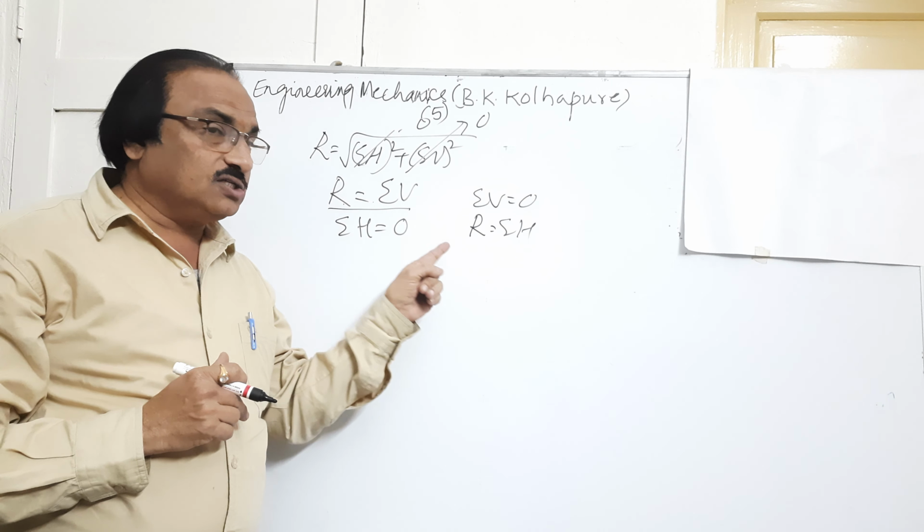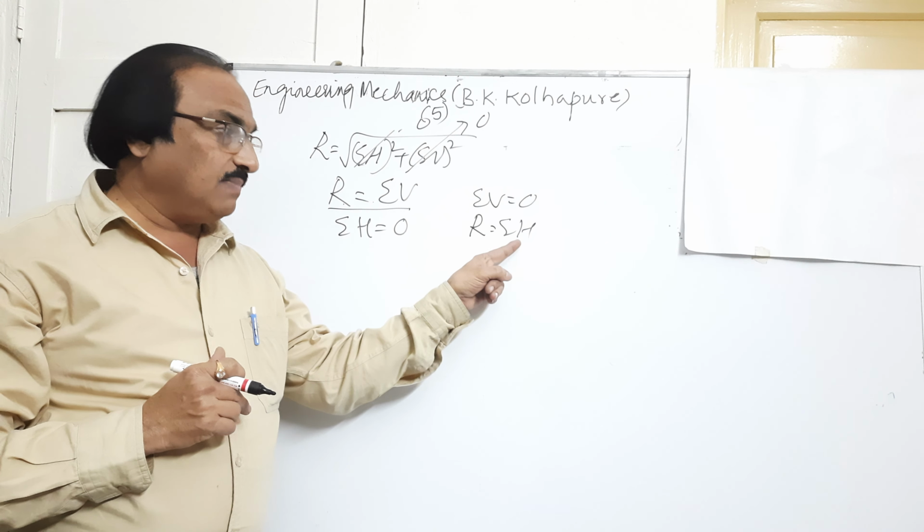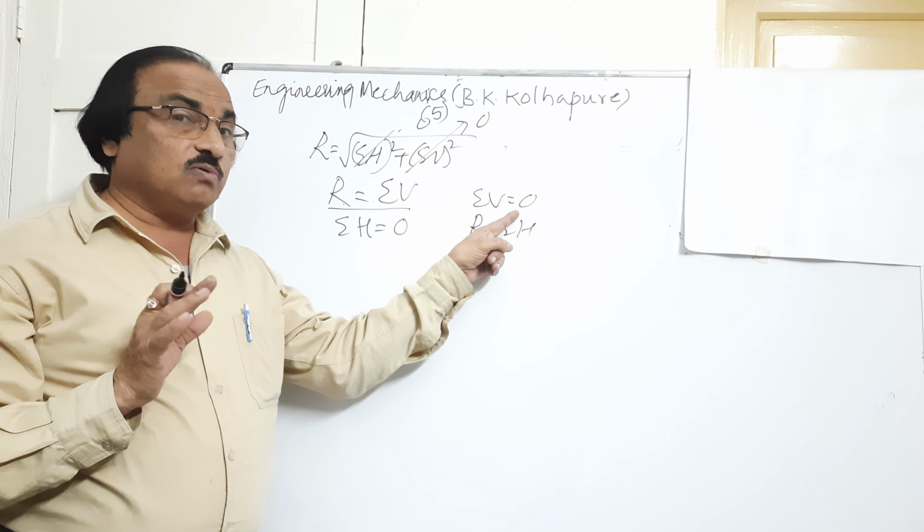If the resultant is horizontal, then only sigma H will be there, and sigma V will be equal to 0.